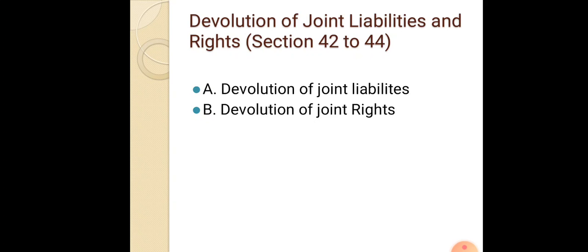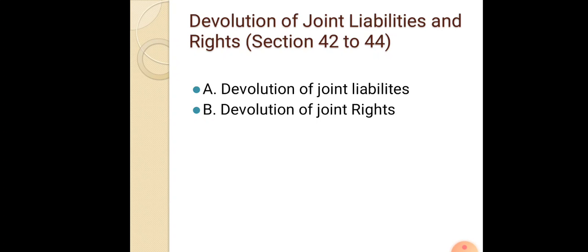If any of the joint promisers die, his legal representative will be jointly liable along with the surviving promisers to perform the promise. Thus, after the death of the joint promiser, his liability devolves or passes on to his legal representative. So devolution of joint liabilities and rights means transferring or passing of joint liabilities and rights to their legal representative.